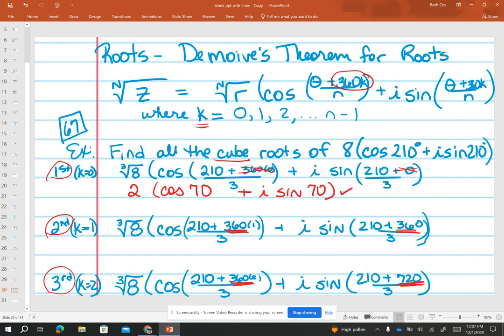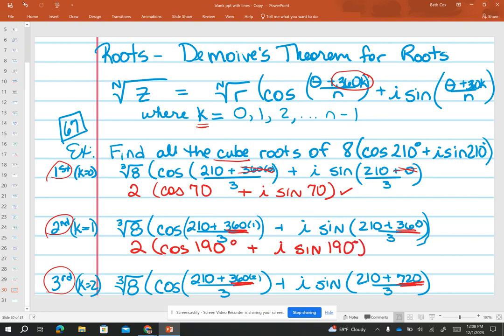That's the first one. The second one will have 2, and now we'll do the cosine of 210 plus 360 divided by 3. So that's going to be 210 plus 360 equals 570, divided by 3, 190. Cosine of 190 plus i sine of 190.